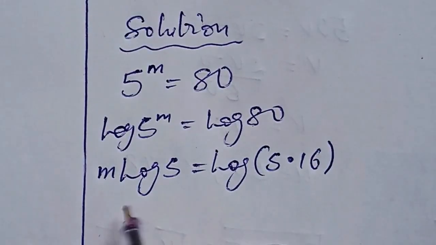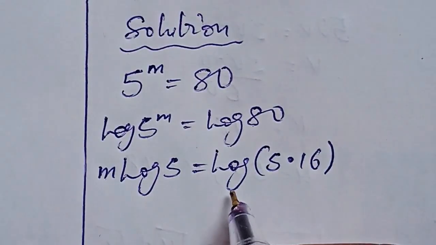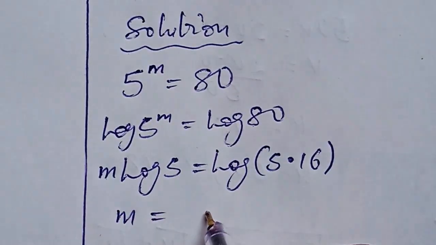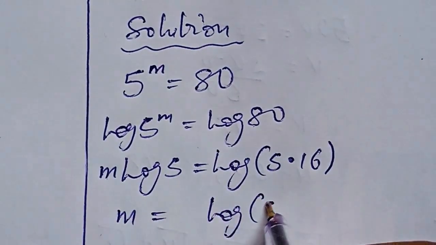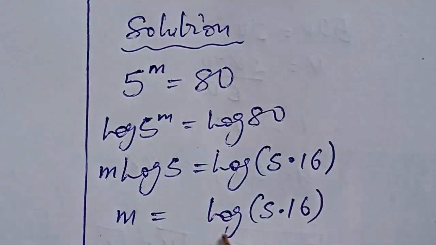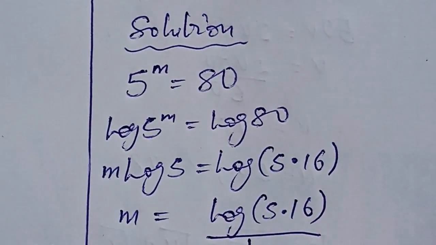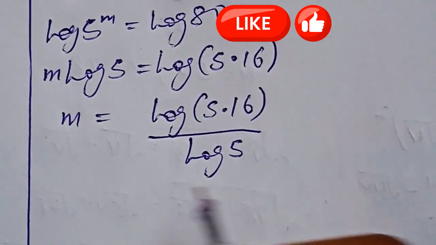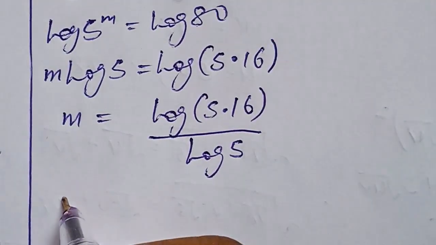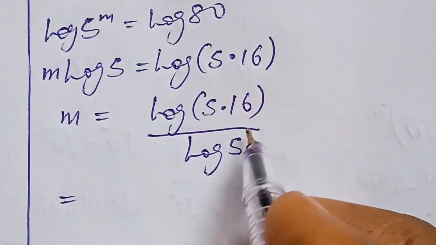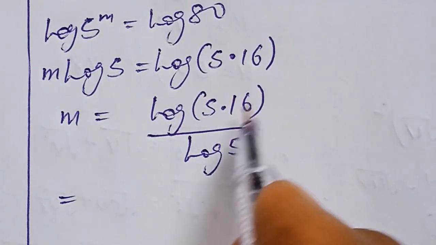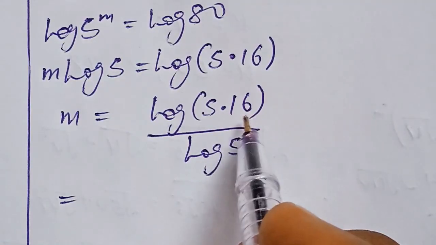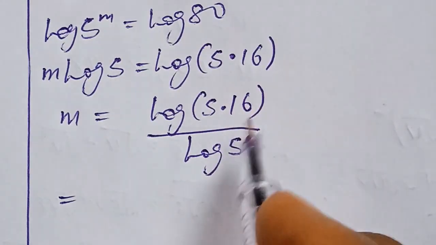Then if we divide through by log 5 to isolate m, we have m equal to log of 5 multiplied by 16 over log 5. Now from here, what we need to do is to use the logarithmic identity to express this as addition of logs.